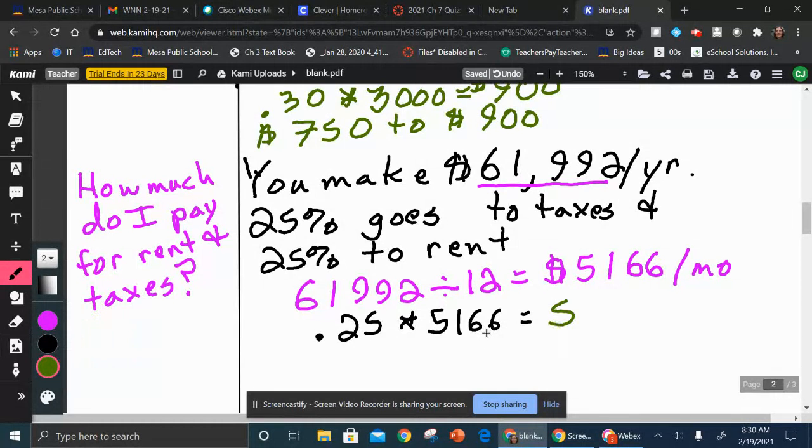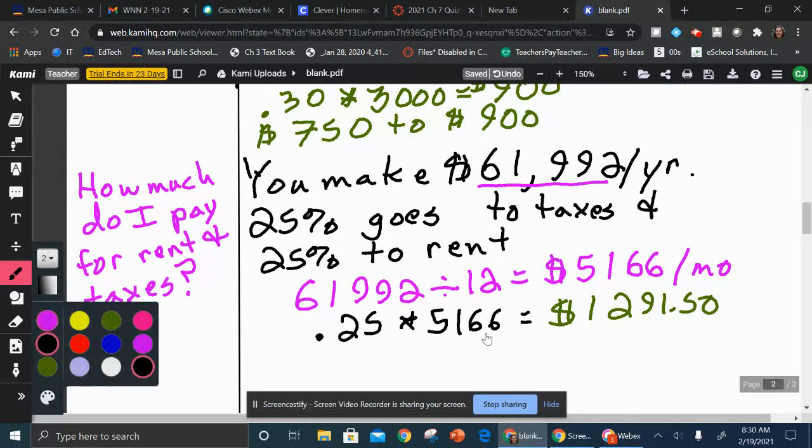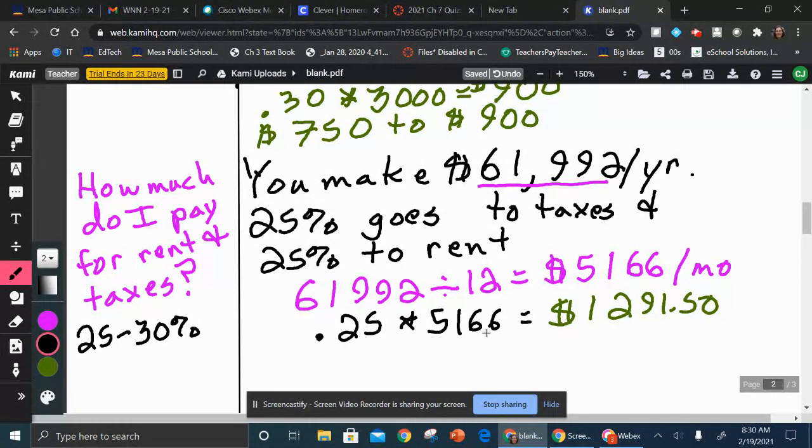So we got $1,291.50. Everybody, this is to figure out how much rent you could afford, so between the 25 and 30%. And then we're going to do the same thing with 30%.